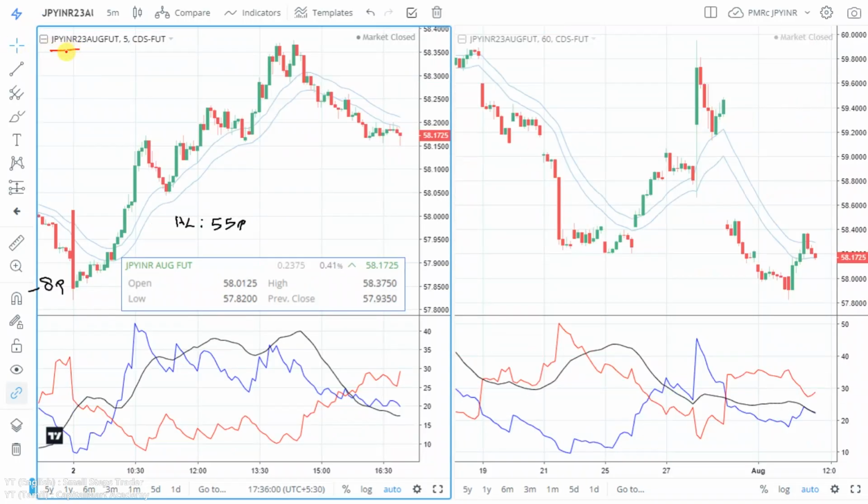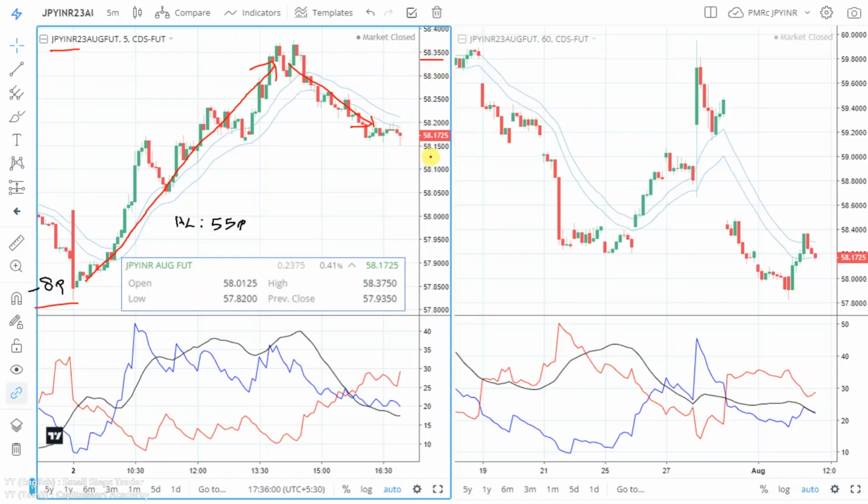Then we will see JPY INR. It opened marginally 8 paise down, but since then there was a very gradual upper side movement until 2 o'clock. The movement was only on the upper side, with no sign of downside. But after 2 o'clock, there was a correction from 58.35.